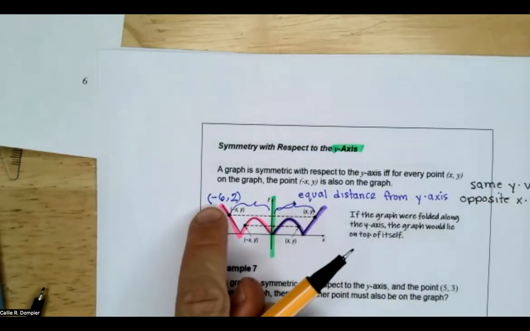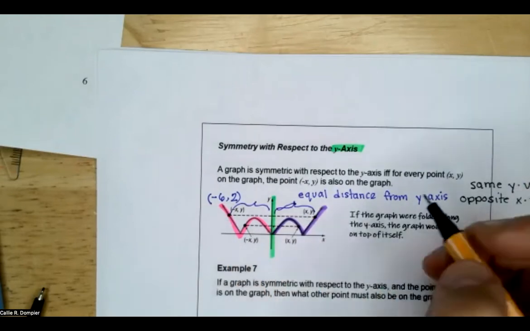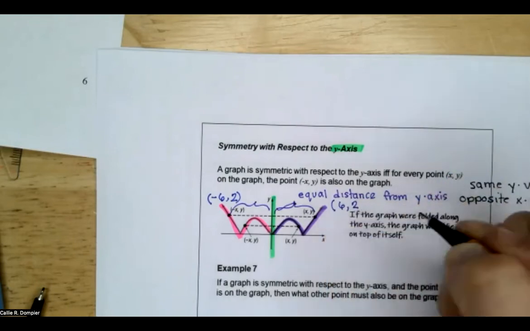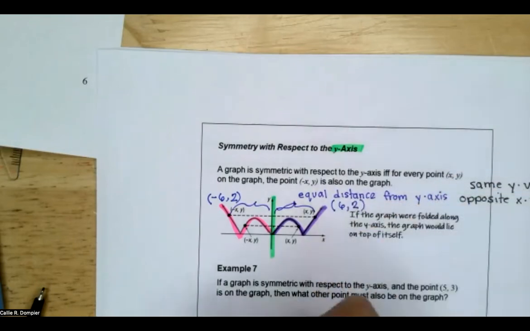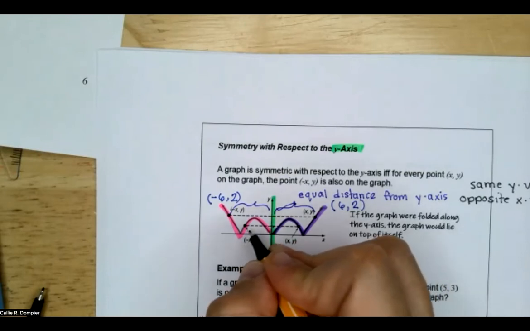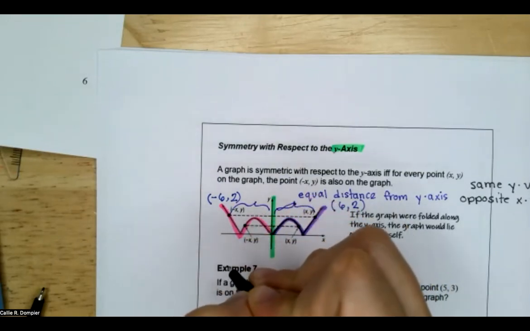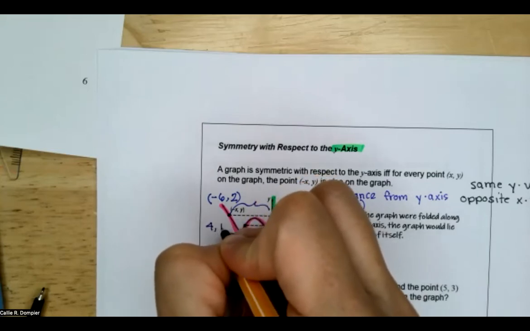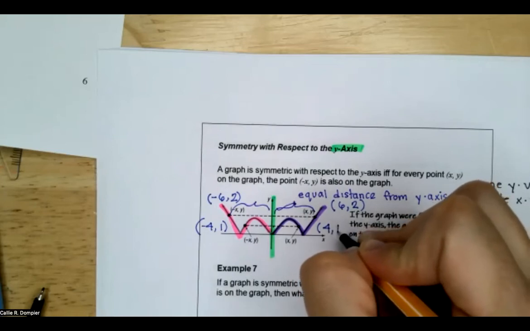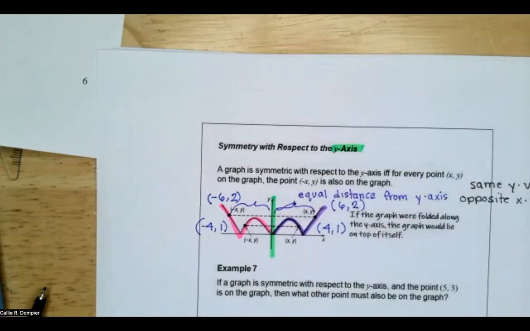So equal distance from the y-axis in the other direction would be (6, 2). If this is (-4, 1), I apologize, then this has to be (4, 1) for this to be symmetric. Good.